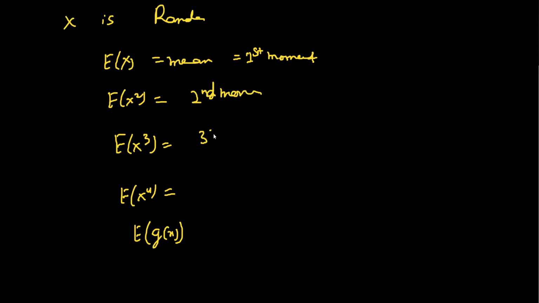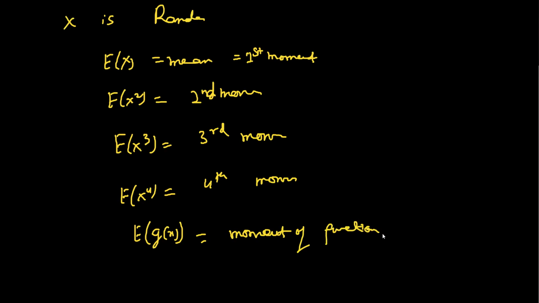This is the third moment. This is the fourth moment. And this is the moment of a function g(x), or you can say the expected value of g of x.